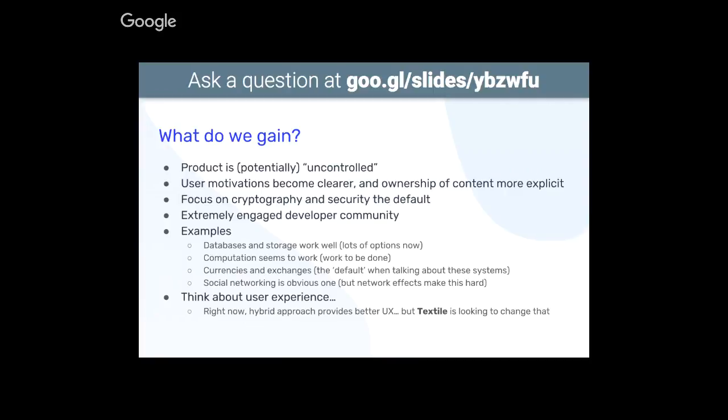But at the end of the day, here at Textile, we want you to think about the user experience. Right now, it seems like in general, a hybrid approach between centralized and decentralized provides a pretty good user experience. Textile is trying to develop those lower level tools to essentially make a fully decentralized app also a very nice user experience.